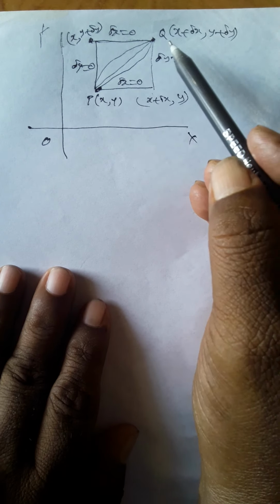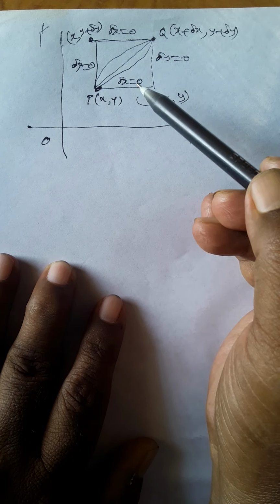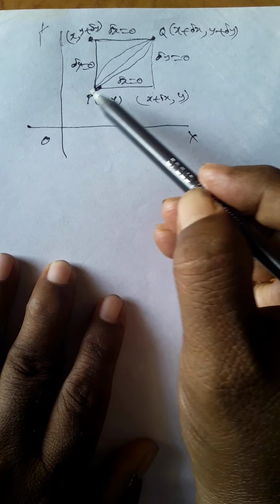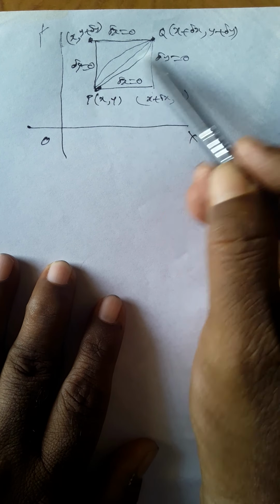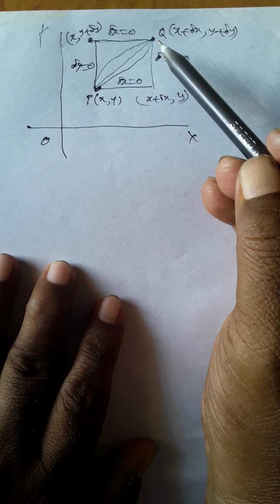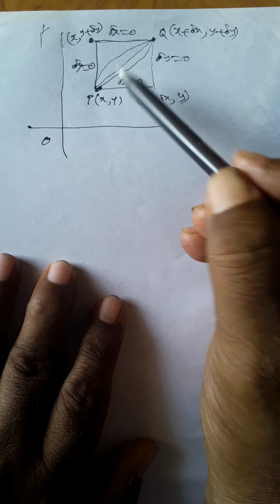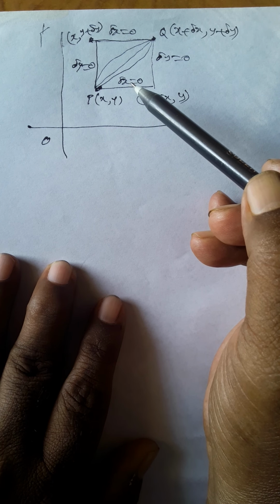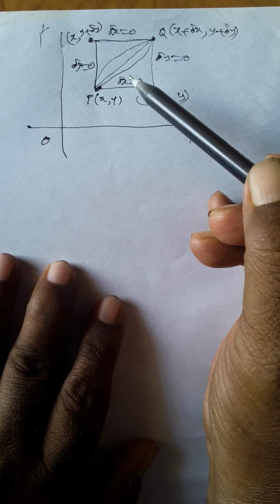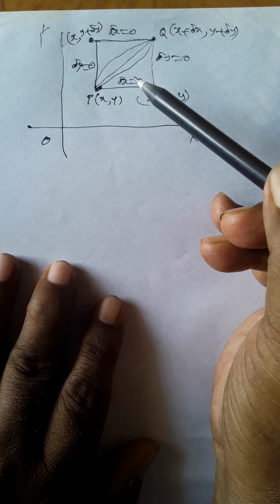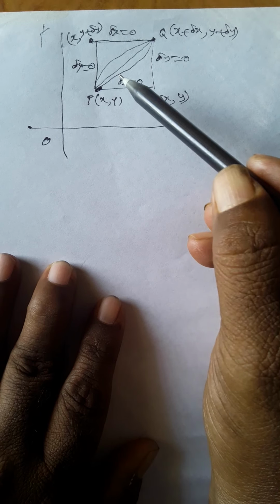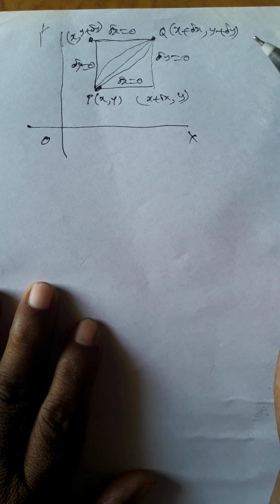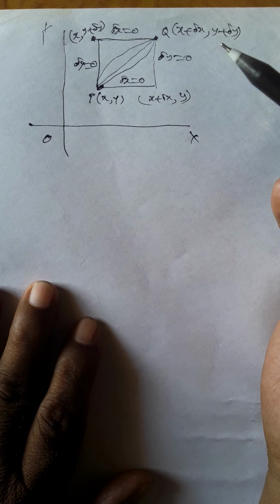So Q approaches P in different ways. In all different ways, we get the same derivative value. That is the meaning of 'has the same value': in each and every path we have to get the same derivative value.